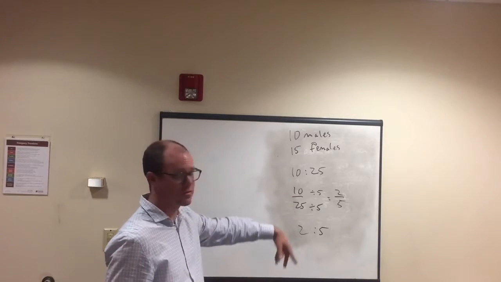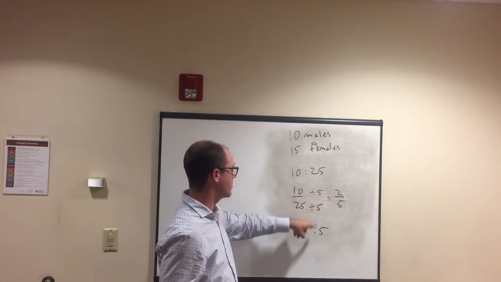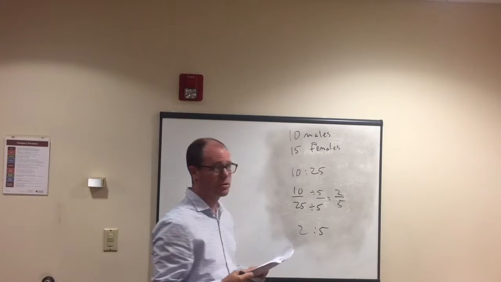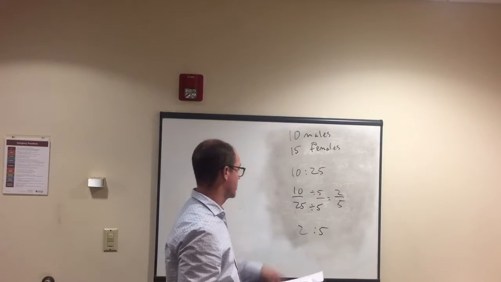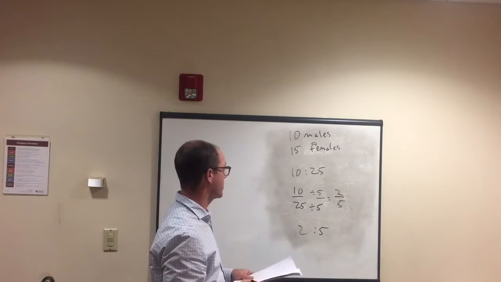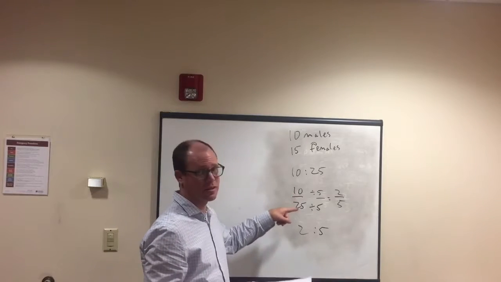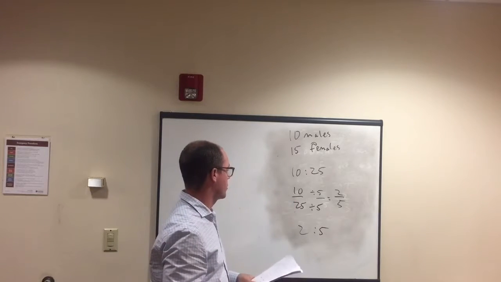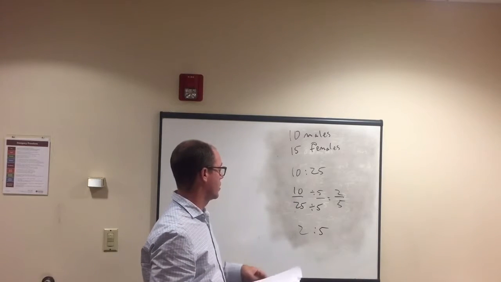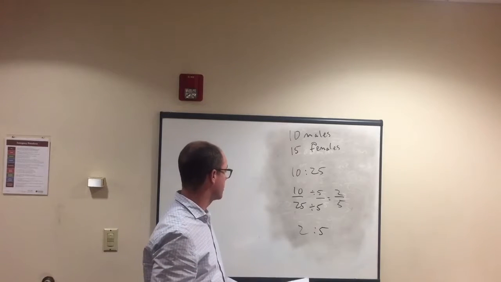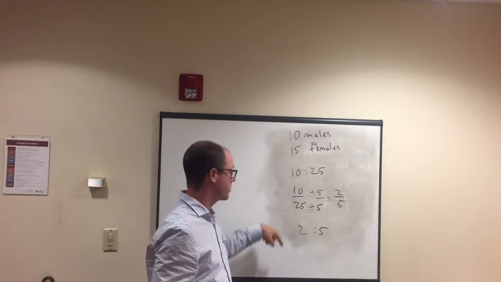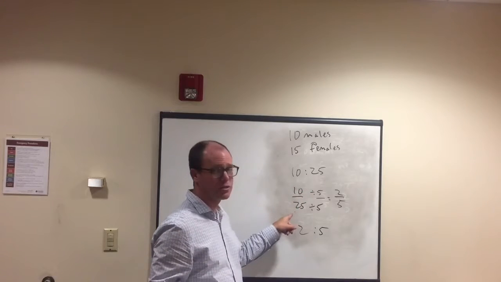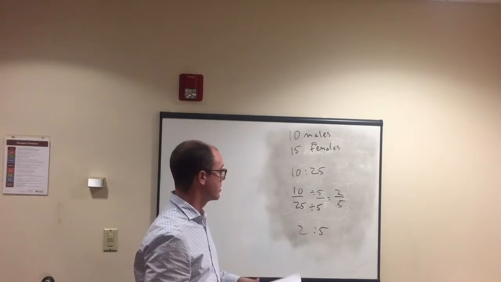So when you're trying to reduce these, if it's not obvious what you should divide the top and the bottom by, start with 2 and work your way up. So when I looked at 10 divided by 2, okay, that works evenly, 10 divided by 2 is 5, but 25, no, doesn't work. 3 doesn't work for either of them. 4 doesn't work for either of them. 5, 10 divided by 5 is 2. 25 divided by 5 is 5.